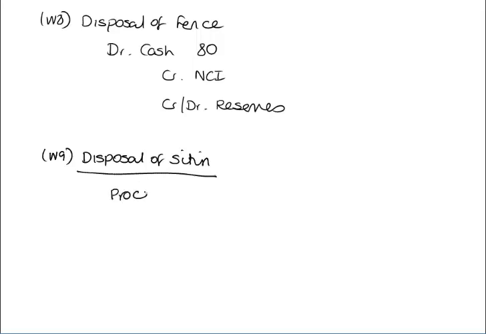So here we've got our sale proceeds. What are those sale proceeds? They're 23 million. Let's remember the remainder of the formula. We've got the NCI at disposal. Well, the NCI at disposal is going to be 0 because it was a 100% owned subsidiary.